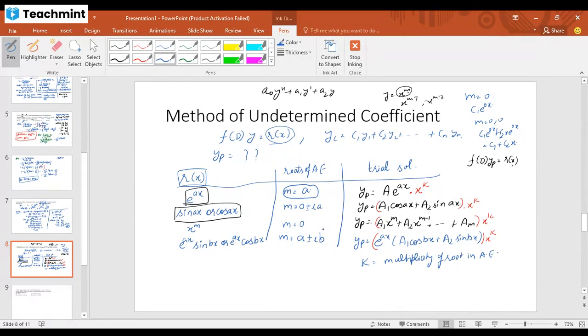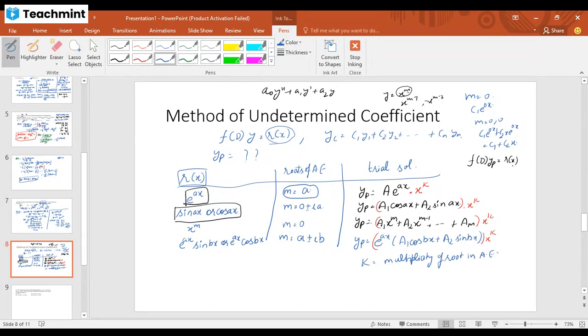And similarly, in case of a polynomial function, if one root of the auxiliary equation is 0, we are going to multiply it with x power 1. If two zero roots are there, we need to multiply it with x power 2 and so on.